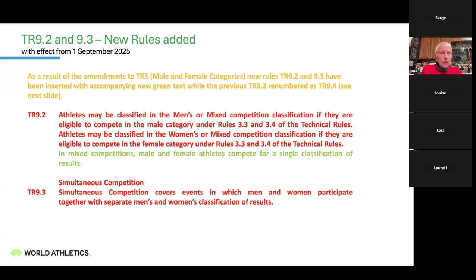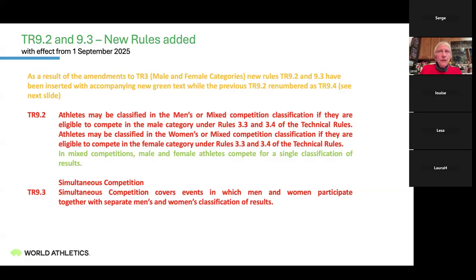And now in the rule book for simultaneous events, they have changed the name to concurrent. All right, just so you know, you're not going to get confused with all these things.